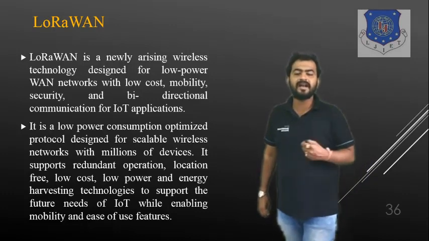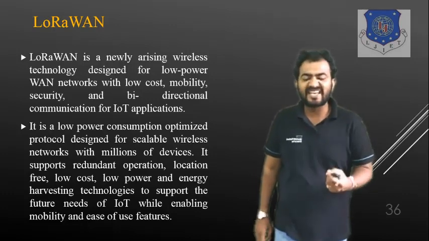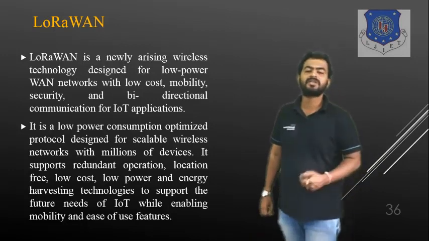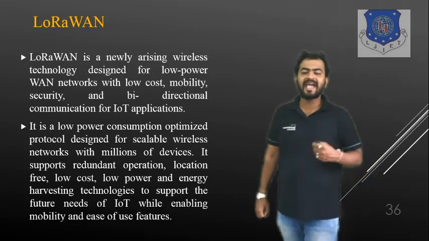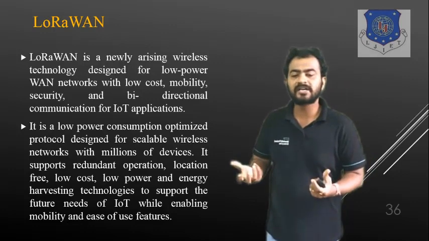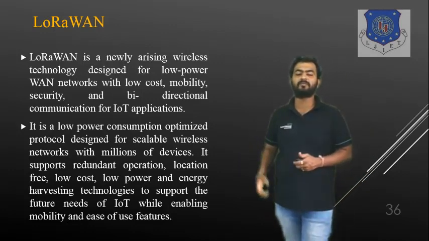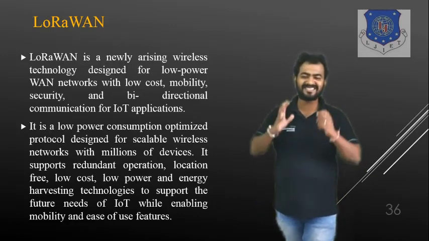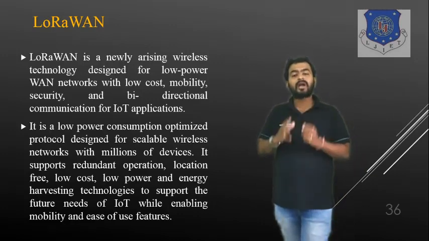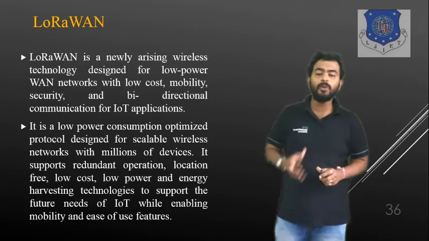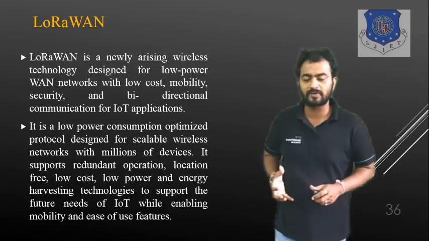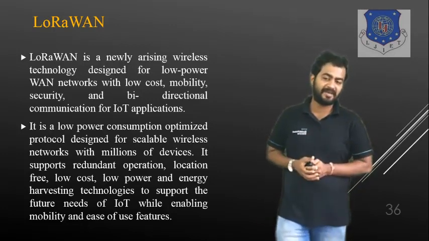It supports redundant operation, location-free operation, low cost, low power, and energy harvesting technology to support the future needs of IoT while enabling mobility. So LoRaWAN is one of the best and newest wireless communication protocols in IoT applications.